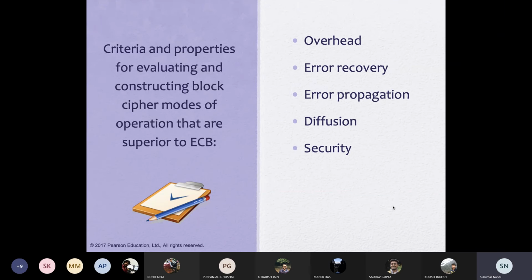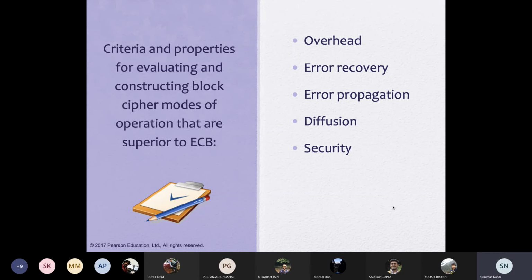Error recovery: if during transmission any bit of the ciphertext from the sender to the receiver becomes an error, at the receiver side there is no option for correcting the error. So error recovery does not exist. On decryption, the wrong plaintext will be obtained. It will not be corrected.